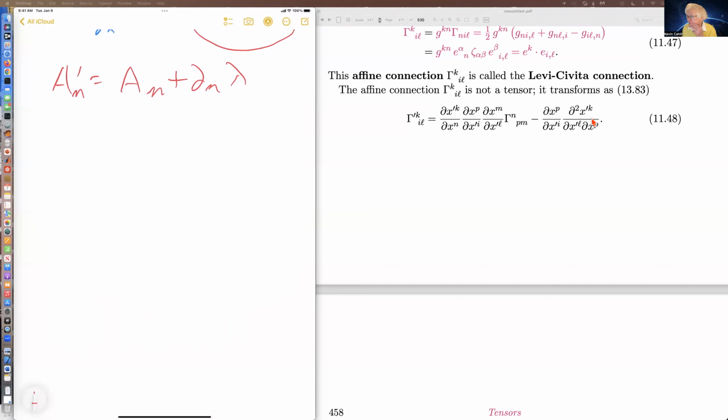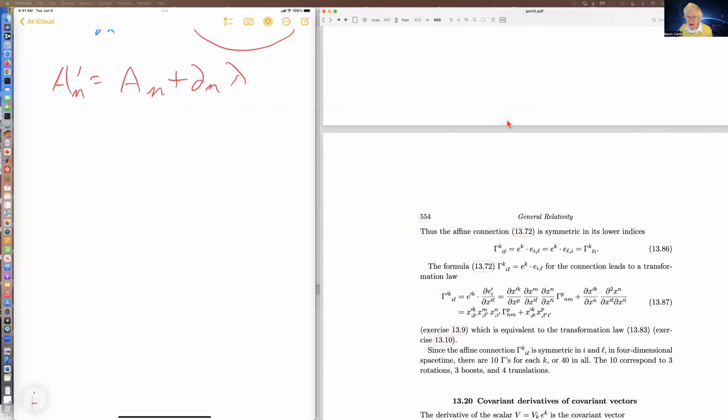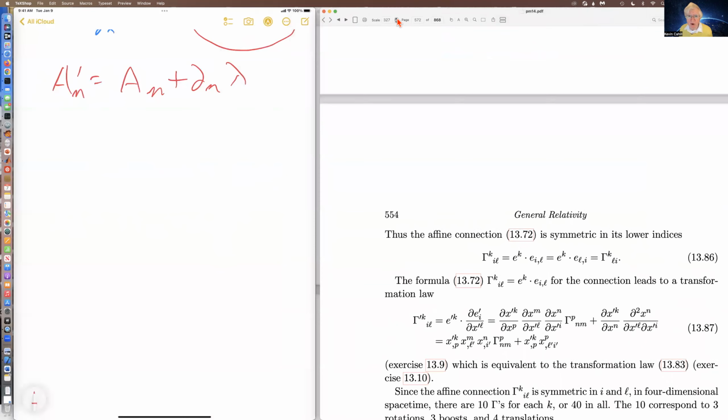So what I'm going to do then is skip to group theory and tell you some things about group theory. And this is all in the book.